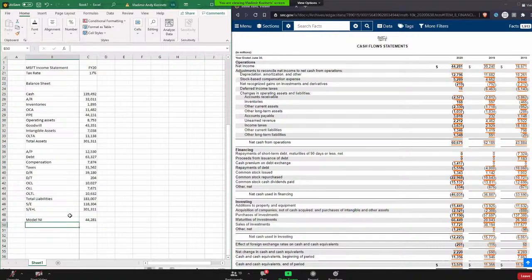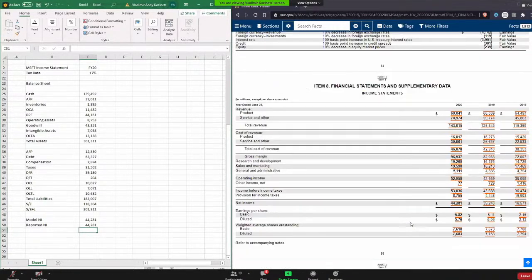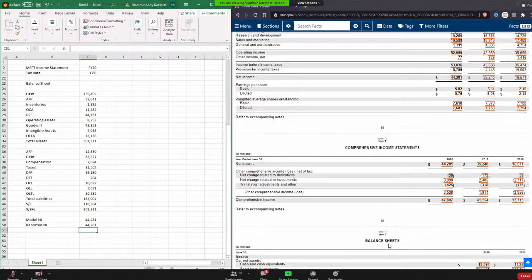And the reported net income over here is the same as up there. Yeah, that makes sense, 281. It's the same reported net income as on the income statement. Sometimes it's different.